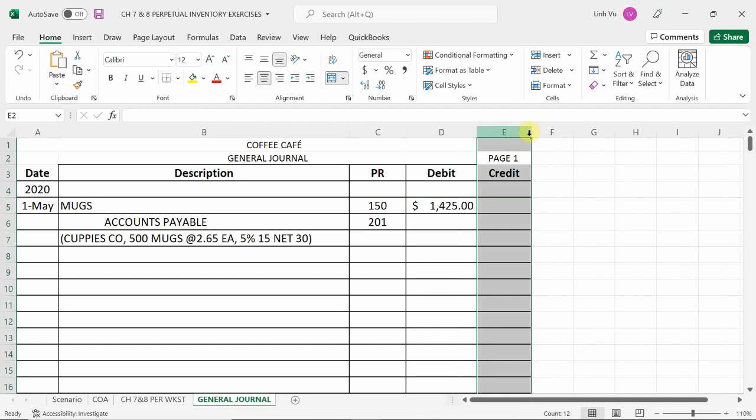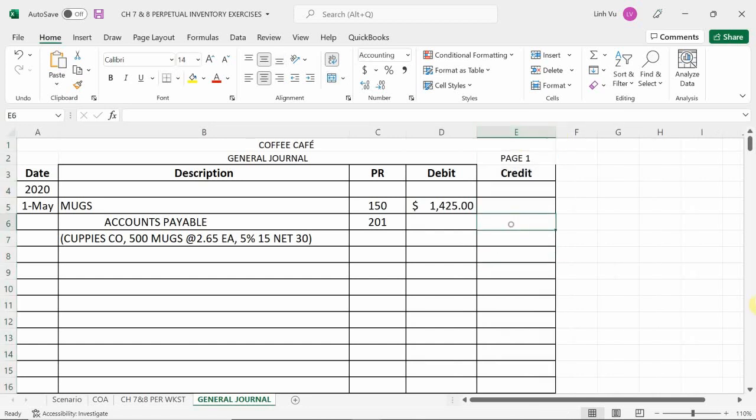You can separate it. My purchase of 500 units at 265 gives me $1,325, plus my freight of 100, which gives me $1,425. So there's my journal.